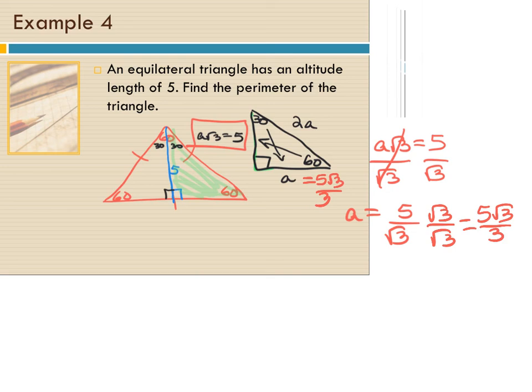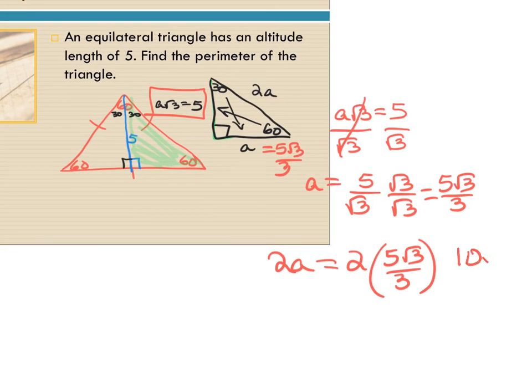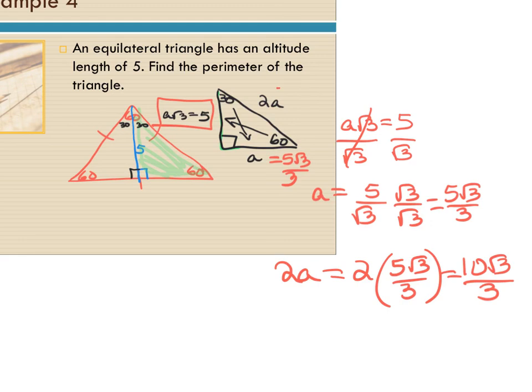To find out 2a, I multiply 5 square root of 3 over 3 by 2, and this gives me 10 square root 3 over 3. So that is my hypotenuse, which is also all of the sides of my equilateral triangle.